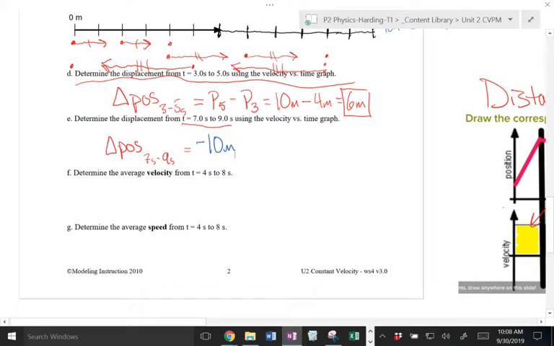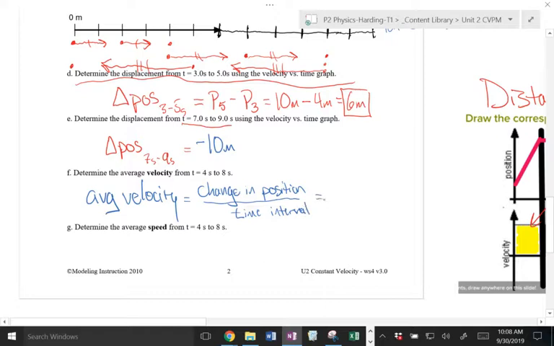We talked about this a little bit the other week. The difference between average velocity, where we're going to look at the change in position over the time interval, aka the displacement over the time, and contrast that with the average speed, which is the distance traveled.